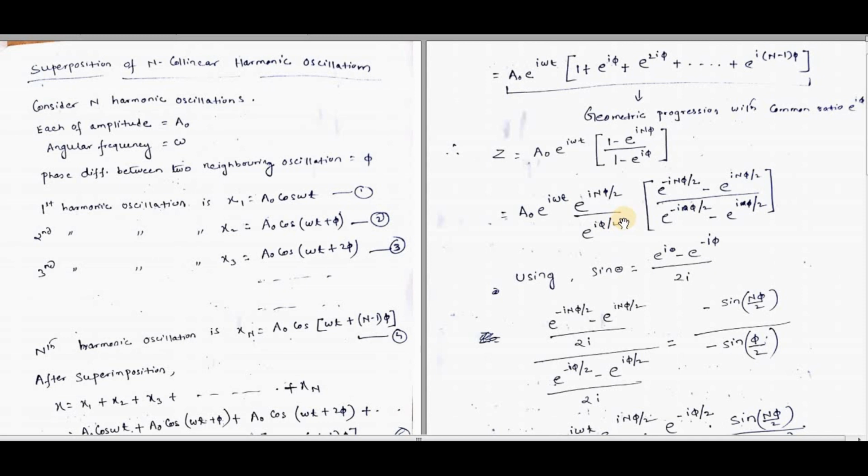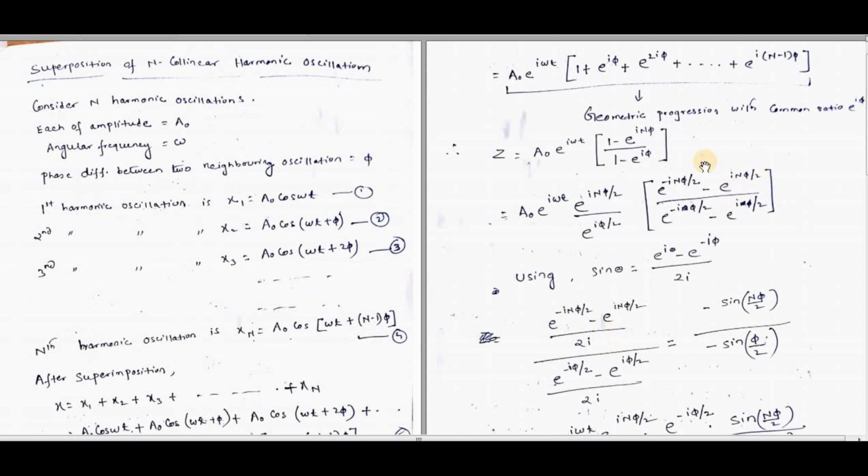Similarly, in the denominator, I am taking e to the power i phi by 2 common, so inside it will be e to the power minus i phi by 2 minus e to the power i phi by 2. Now we know that sin theta can be expressed as e to the power i theta minus e to the power minus i theta, divided by twice i. So using this formula, the numerator can be written in this form.